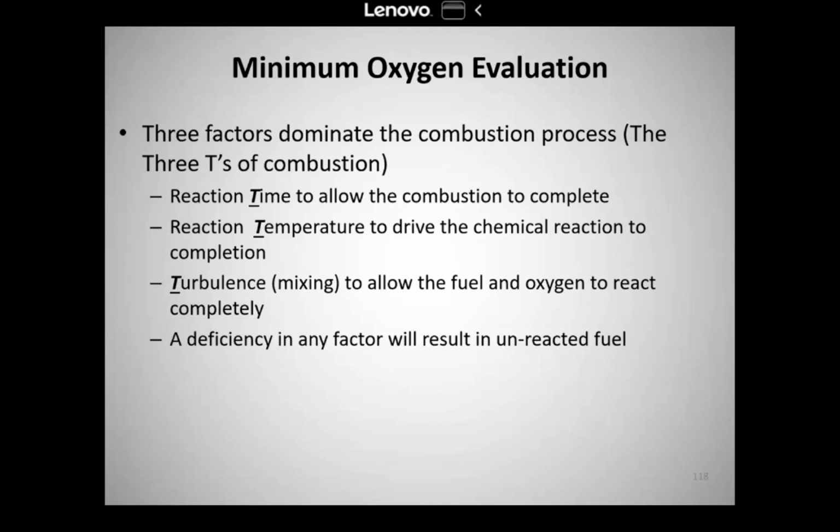You've got to have fuel and oxygen together for enough time at enough temperature to oxidize. And then we have to have good mixing. We need turbulence to keep everything mixed up so that oxygen is in close proximity to fuel molecules so they can oxidize. A deficiency in any one of those factors will cause your combustion to suffer. So: time, temperature, turbulence, the 3 T's of combustion.